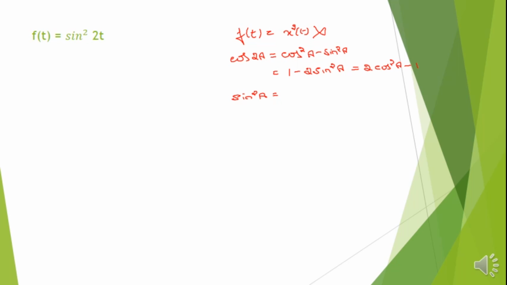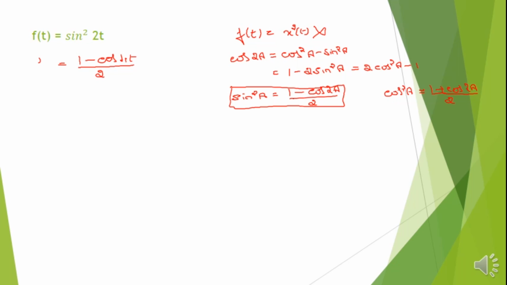So using this relation, sin square A equal to 1 minus cos 2A divided by 2, and similarly cos square A equal to 1 plus cos 2A by 2. Using this formula, converting sin square into cos as a linear combination, this becomes 1 minus cos 4t by 2.